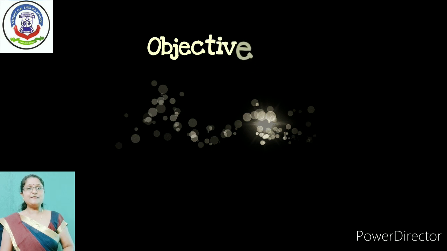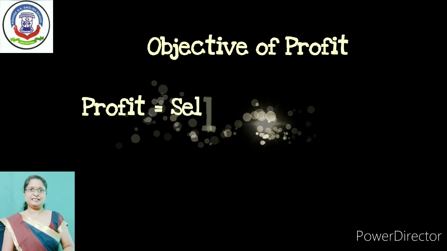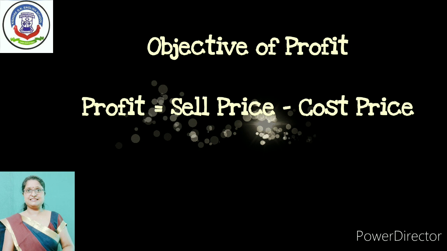Characteristics of business. The first characteristic of business is objective of profit. The main motive of business is getting profit. In the absence of profit, there is no possibility of business. Profit is essential to continue the business.